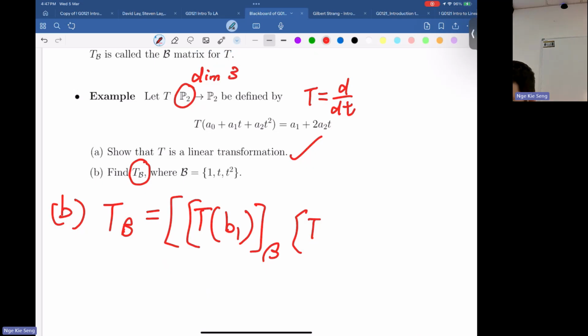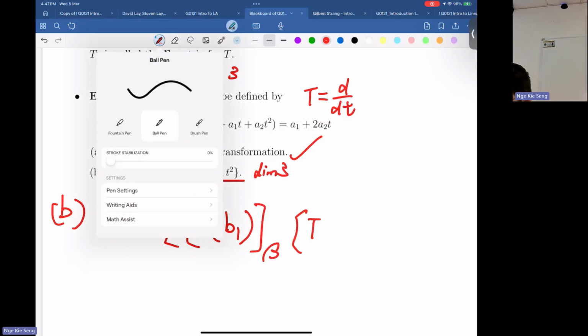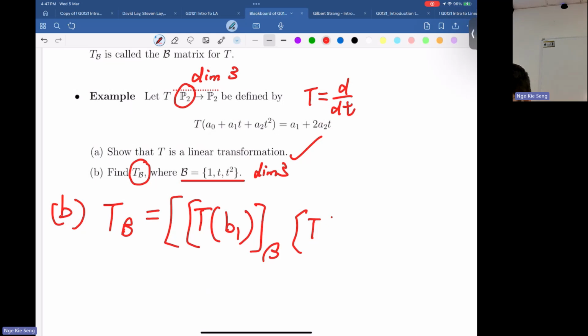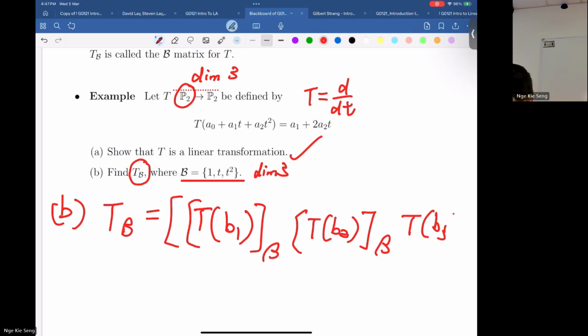Actually, you can write down the span; they wrote it for you already. So this is your span, and you have dimension 3. Good. So you need to do T(b1) with respect to B, T(b2) with respect to B, and T(b3) with respect to B. So try to compute these three vectors.